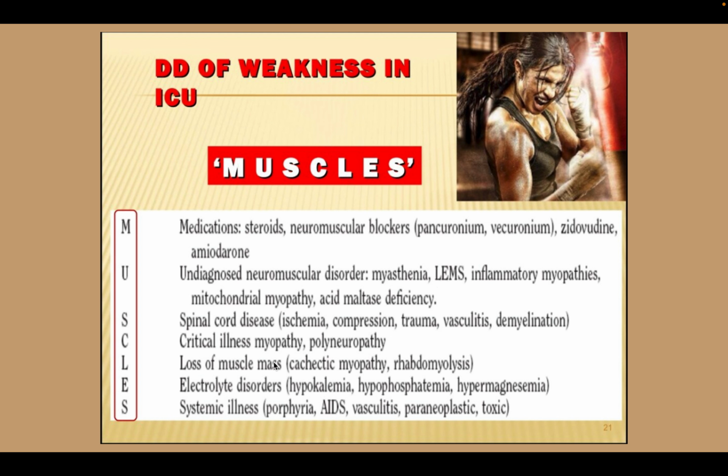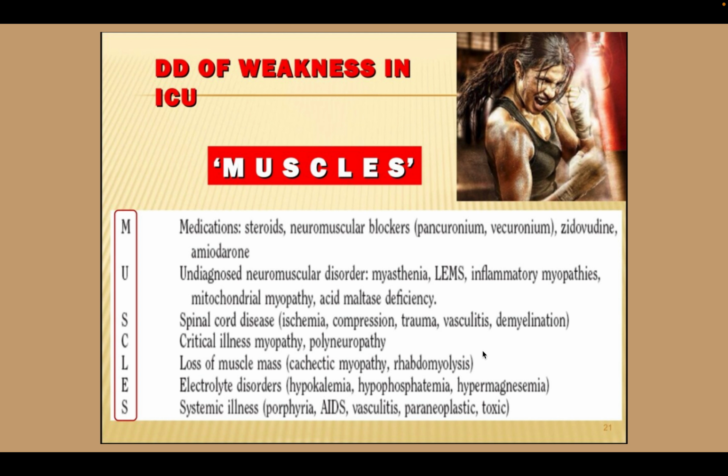L stands for loss of muscle mass, like in cachectic myopathy or rhabdomyolysis. E stands for electrolyte imbalances or abnormalities, hypokalemia, hypophosphatemia, and hypermagnesemia. And of course, S stands for systemic illnesses like porphyrias, AIDS, vasculitis, and paraneoplastic syndromes or toxins.